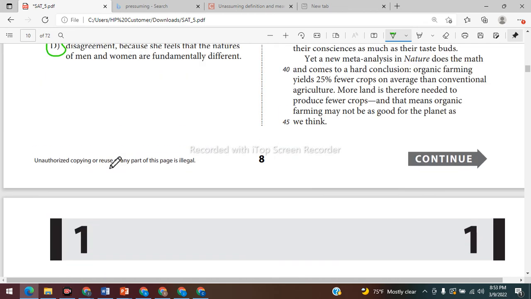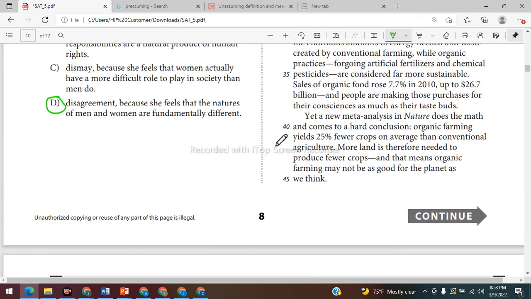It says, yet a new meta-analysis in Nature does the math and comes to a hard conclusion. Organic farming yields 25% fewer crops than conventional agriculture, which means more land is therefore needed to produce fewer crops.